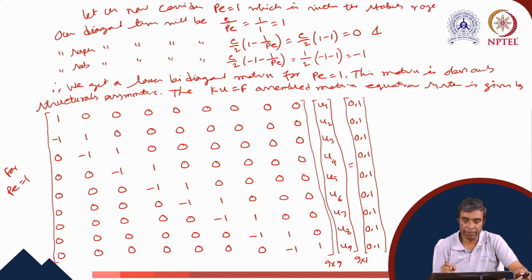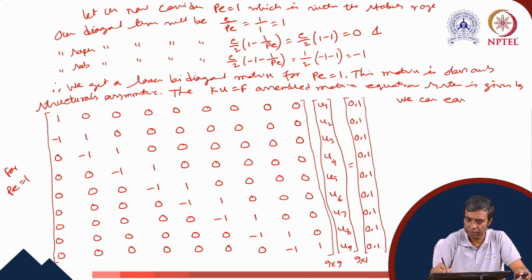Now we can see that in the first equation we have one equation and one unknown. So in standard Gauss elimination, after the forward reduction we use back substitution. In this case we can get the solution by forward substitution. We can easily find out U1, U2 up to U9 by forward substitution.